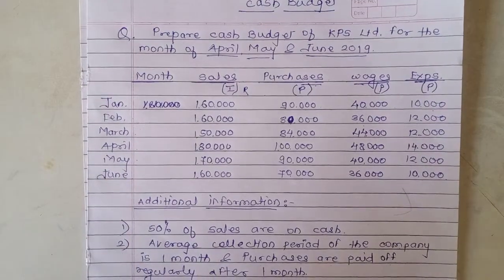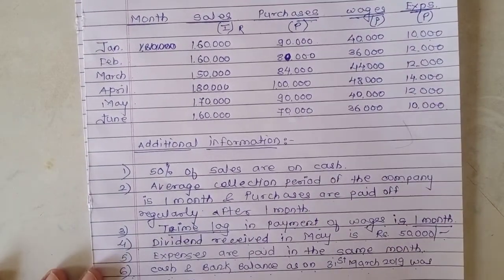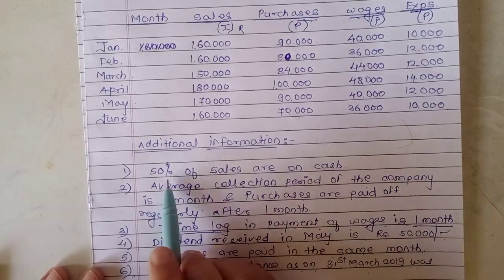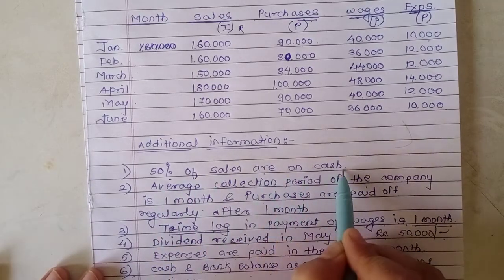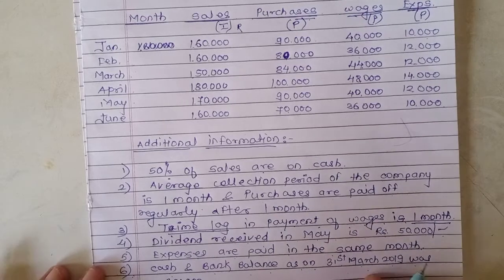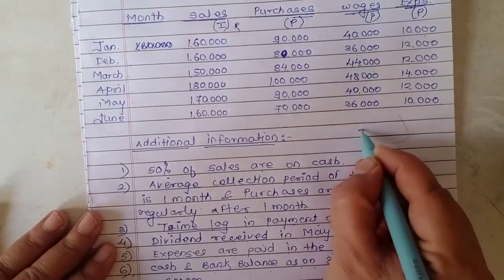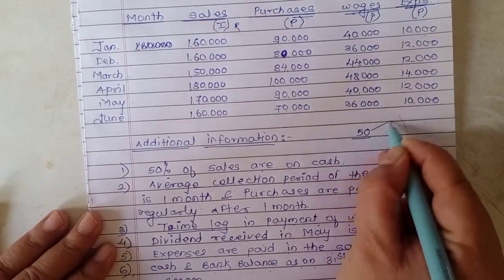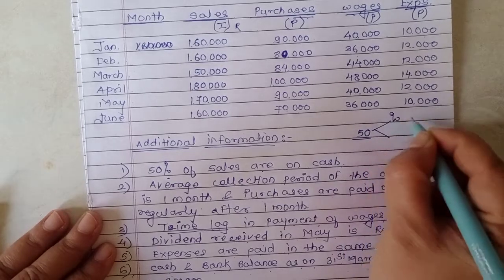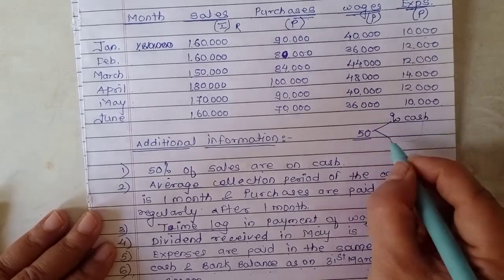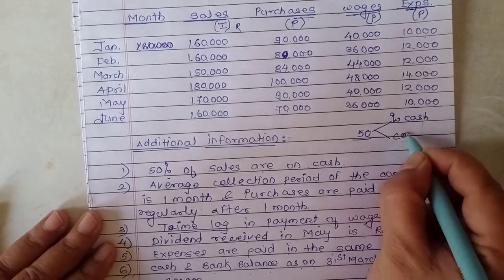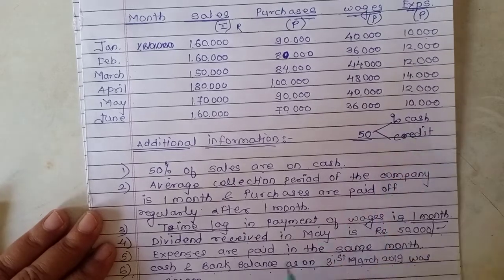Now see what additional information is given. 50% of sales are on cash. That means 50% are on cash and 50% are on credit.